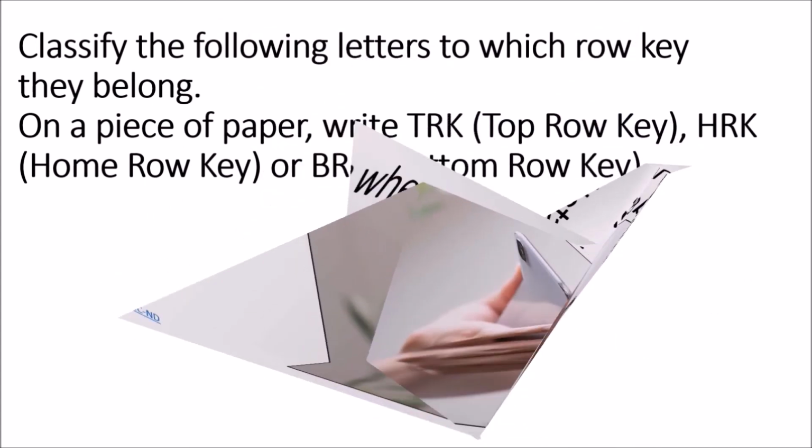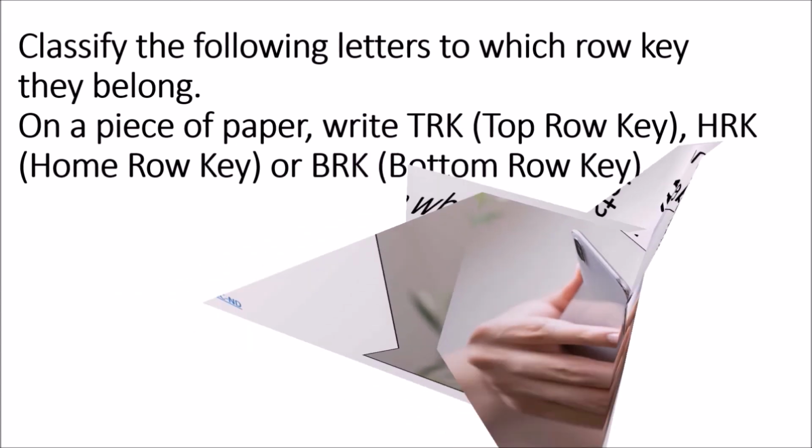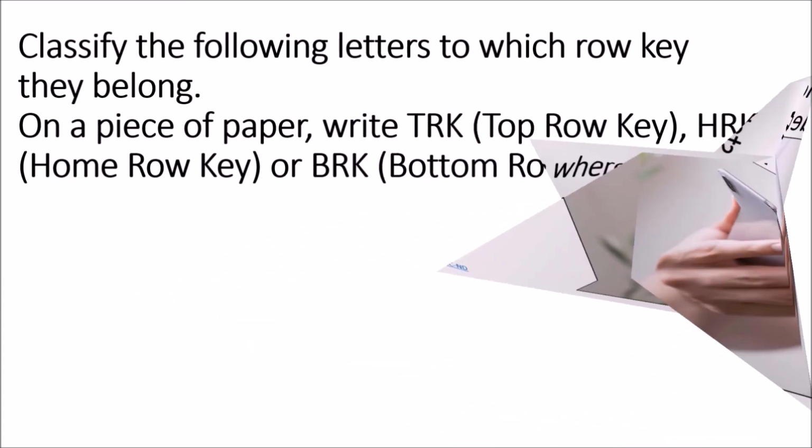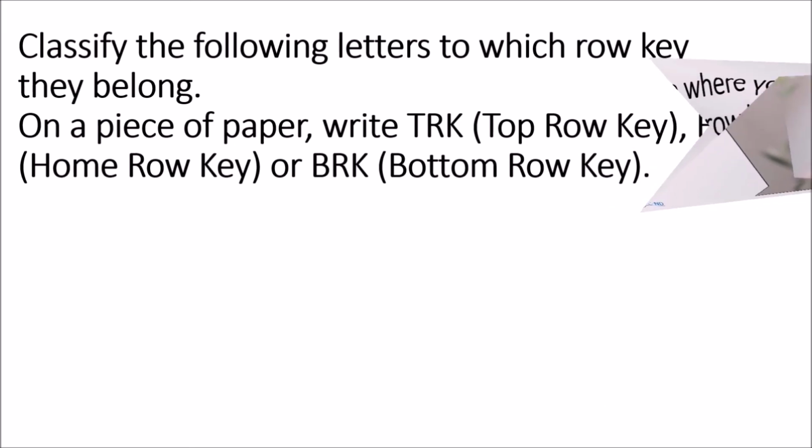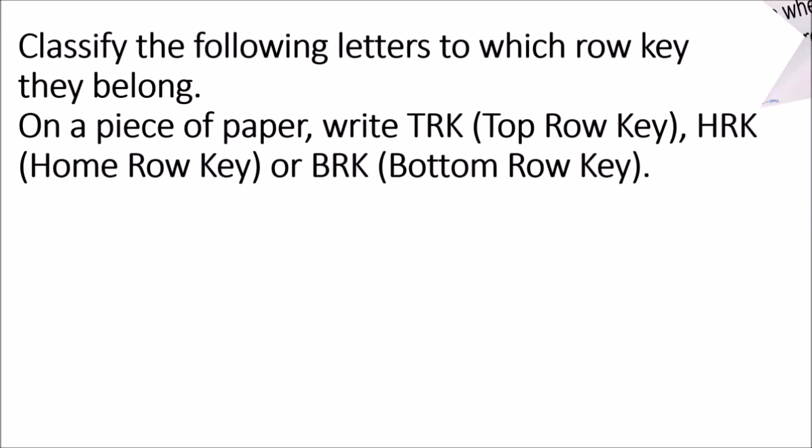You have to classify the following letters to which row key they belong. So on the piece of paper, you are to write TRK if the letter belongs to the top row key, HRK if it belongs to the home row key, or BRK if the letter belongs to the bottom row key.